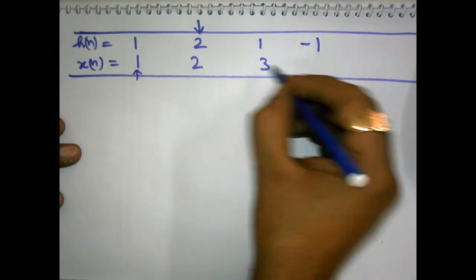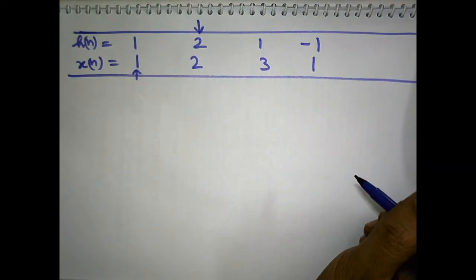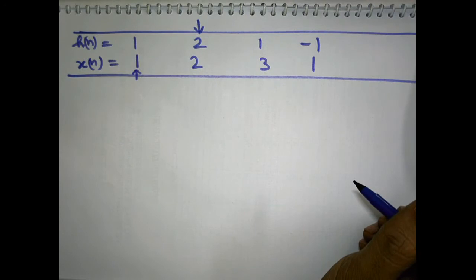So we have to obtain the convolution. Graphically we have already evaluated the convolution of this signal in our very first problem. Here we are evaluating the same problem with this method.